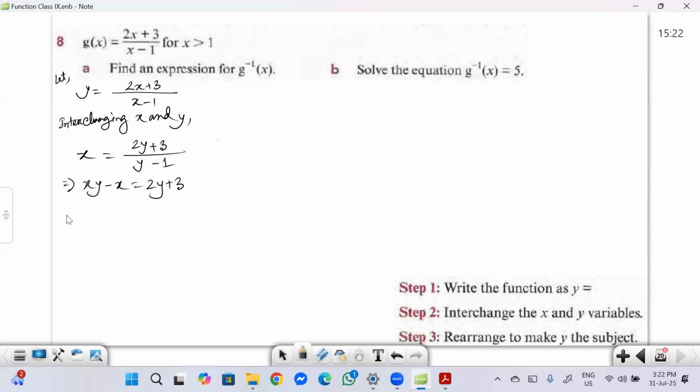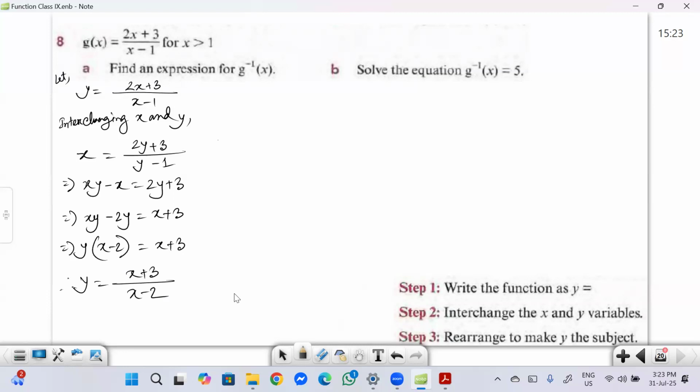Then take the terms of y to one side so that you can take them common. And then lastly, y would be equal to x plus 3 by x minus 2.